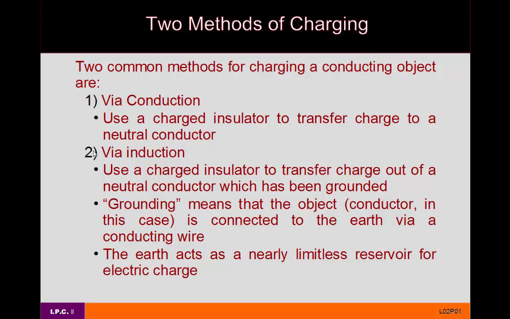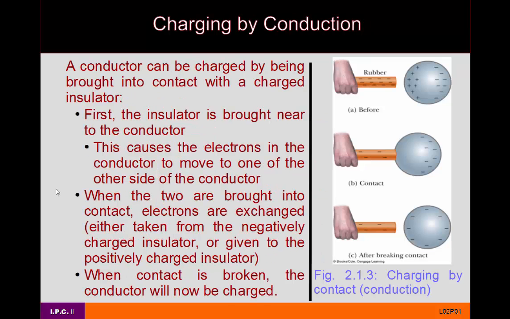And the earth itself actually is a virtually limitless reservoir for electrical charge. For our purposes, it's certainly going to end up being limitless. And so basically you either transfer electrons into the earth or you transfer electrons from the earth into the conductor.